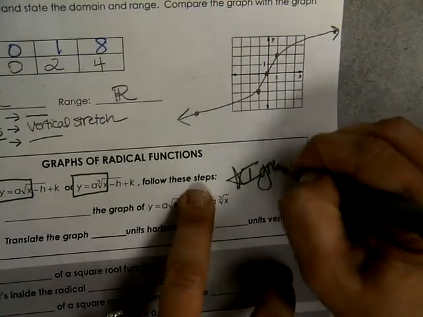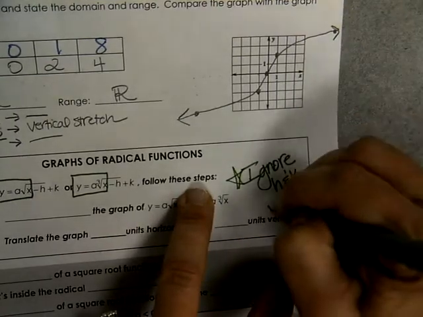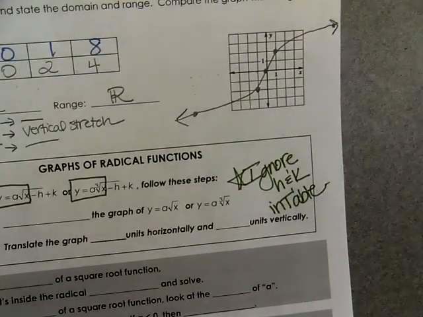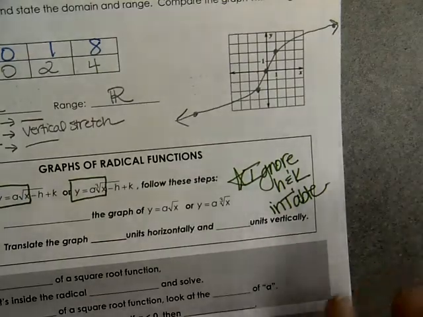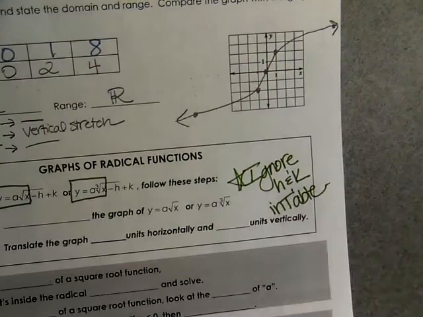This is like the biggest thing. Ignore h and k in the table. I promise we'll deal with them later. But don't worry about them, because if you do, then the tables are going to be a bigger pain to deal with. And so that's what we're going to do first.